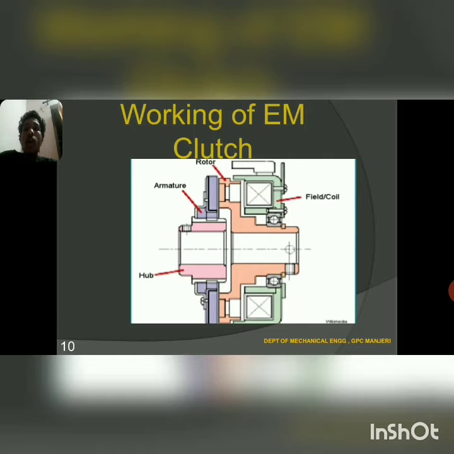Working of the electromagnetic clutch: the main components are a coil shell, an armature, a rotor, and a hub. The armature plate is lined with a frictional coating. The coil is placed behind the rotor.